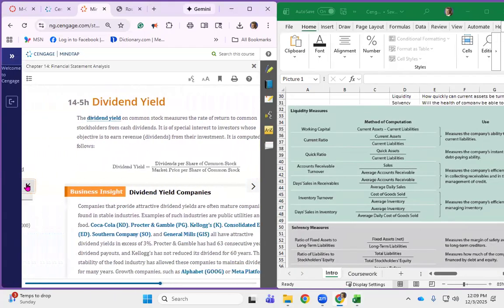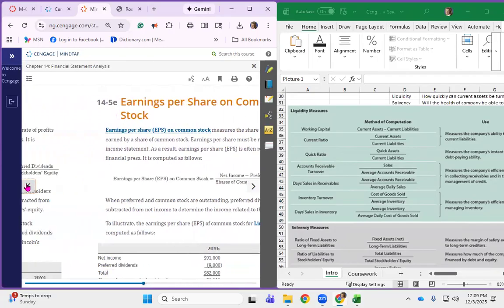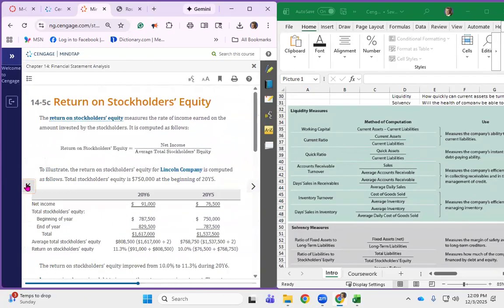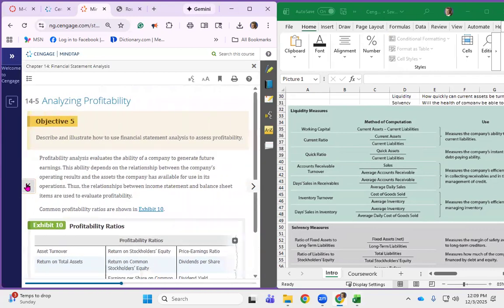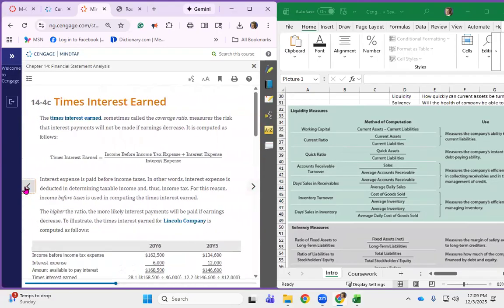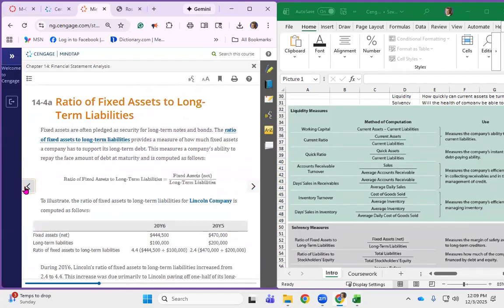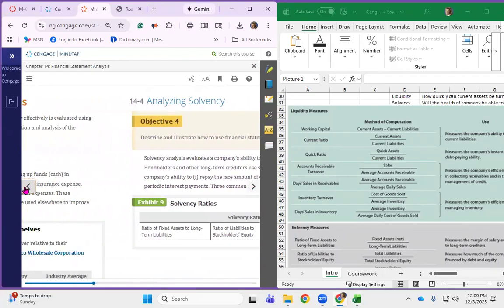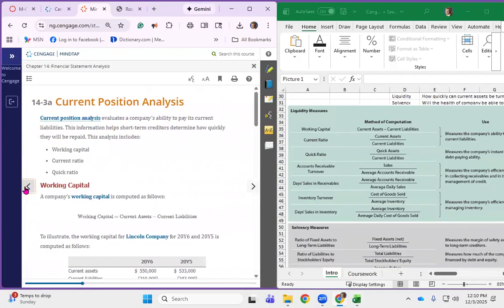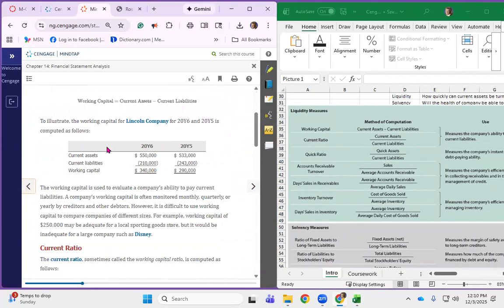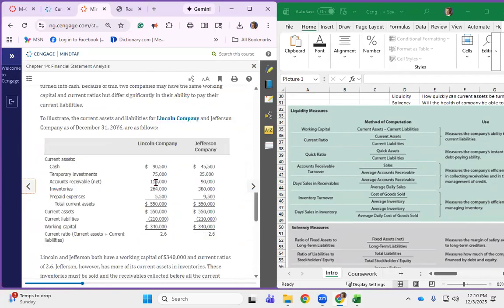Each of these formulas is used in the book, and it tells you more about them if you look at it in the ebook. So we're looking for our quick assets, and we are evaluating our current position. So here comes the quick ratio.